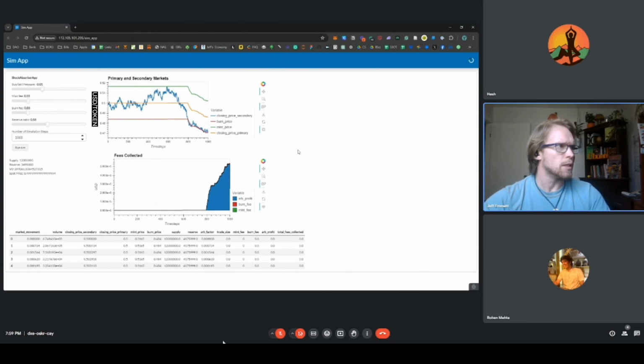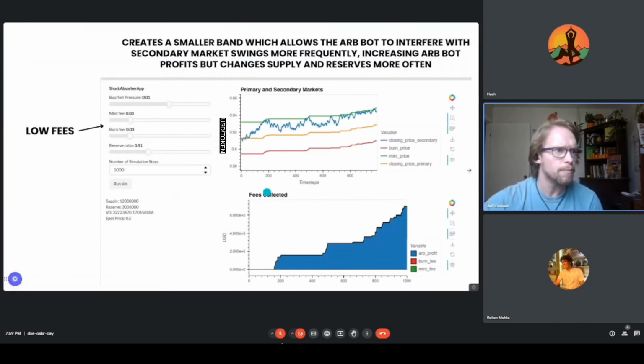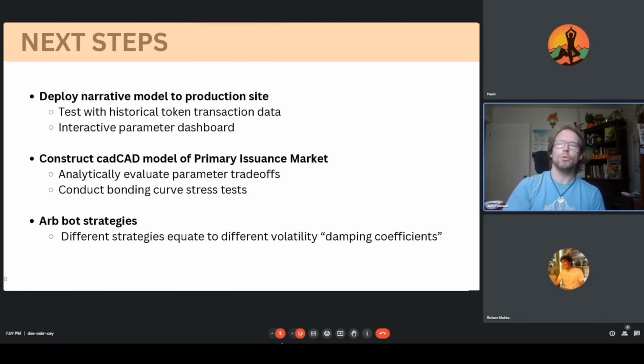Yeah, so this is the current model that we have so far. I'm looking forward to more features and more development to be built into this. But ultimately, our goals with this are to understand the volatility damping effects of a primary issuance market, to understand the fees that can be aggregated through mint fees, burn fees, and arbitrage, and also to create more adaptive and dynamic token ecosystems that can respond to demand in their ecosystem by increasing token supply.